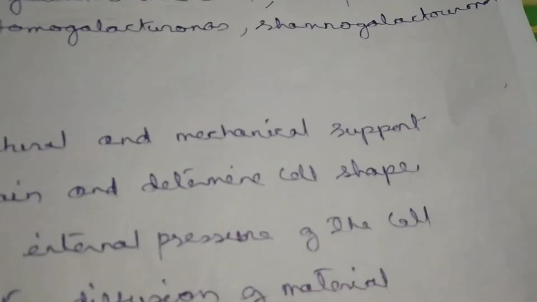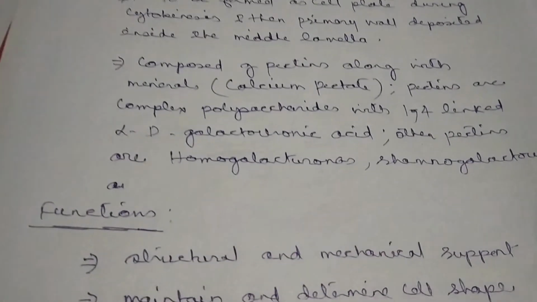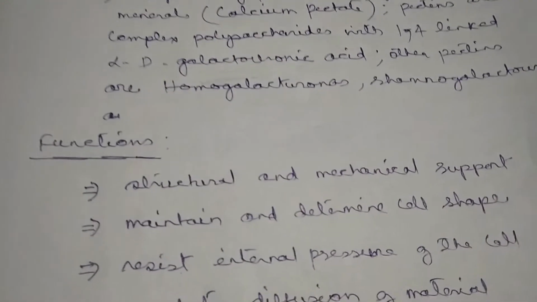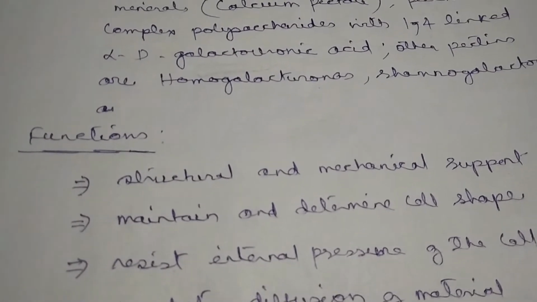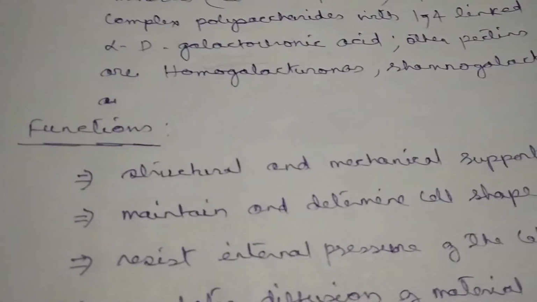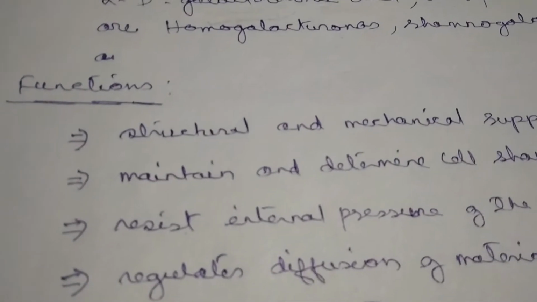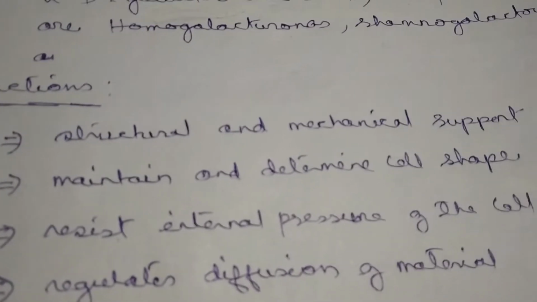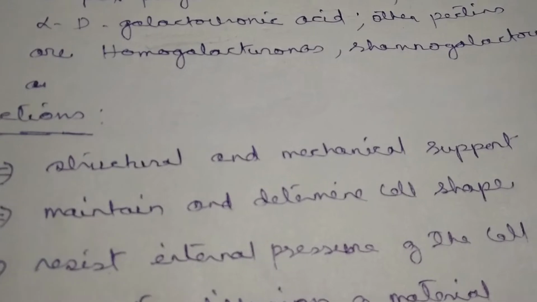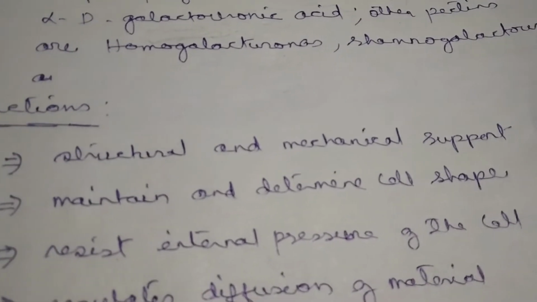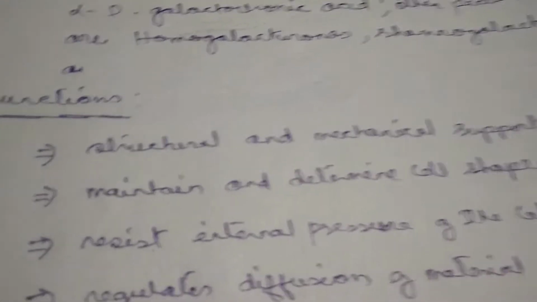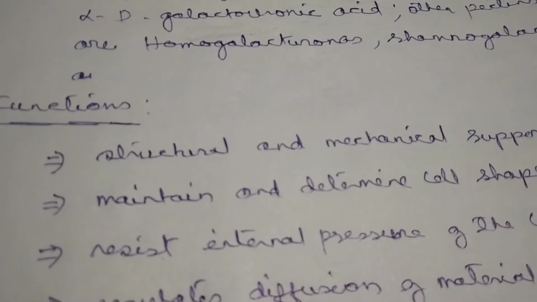They maintain and determine cell shape. We all know that different types of cells, collenchyma, sclerenchyma, parenchyma, have different shapes, and this depends upon the deposition of secondary cell wall. The rigidity is defined by that. So the cell shape is determined by the deposition of this cell wall.